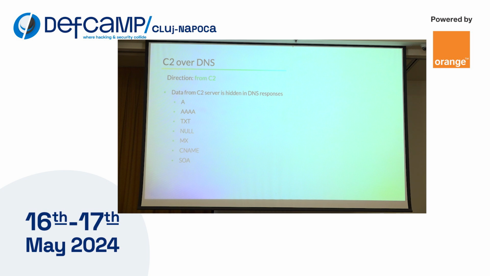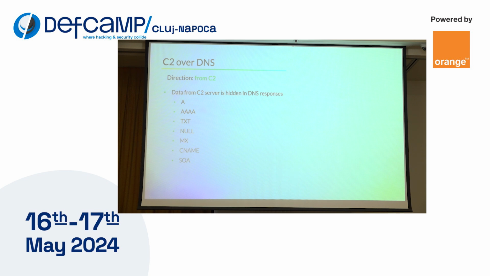Typically, DNS is used to resolve names to IP addresses, so A records or quad A records are used. This is IPv4, this is IPv6. So here we can store 4 bytes of data. Here we can store 16 bytes of data, which is not a big amount. But for C2 traffic, it's usually enough because you need to just send some commands.